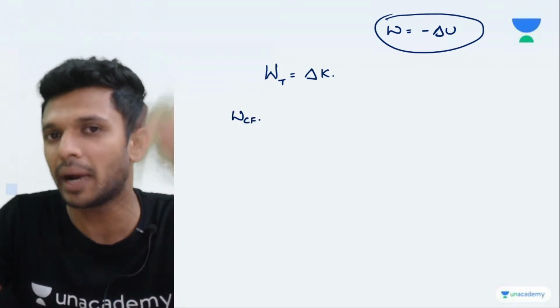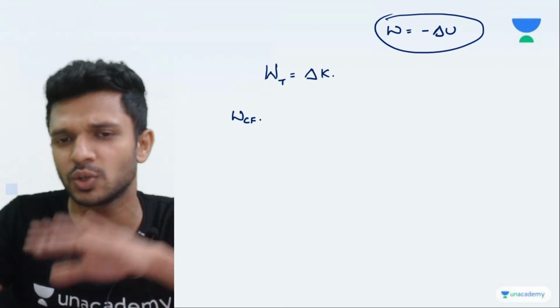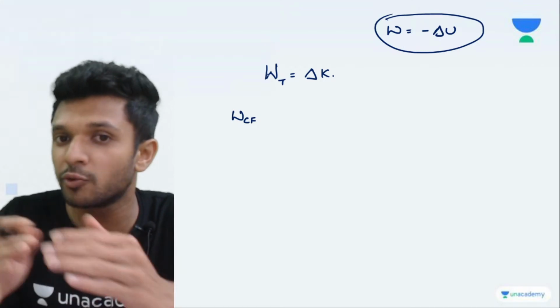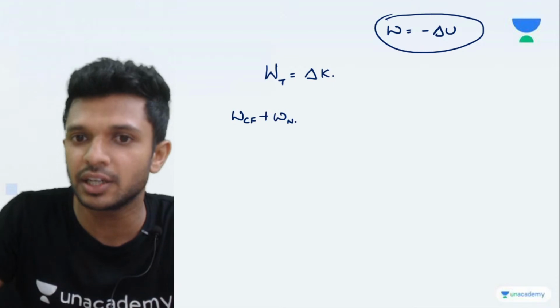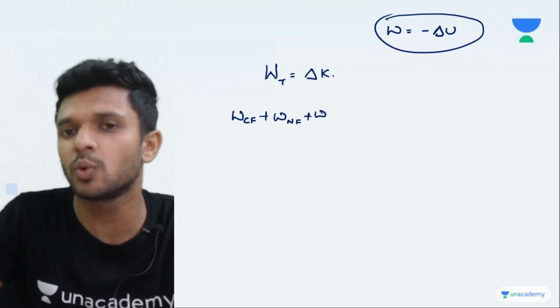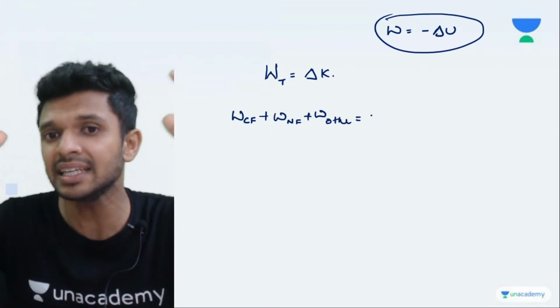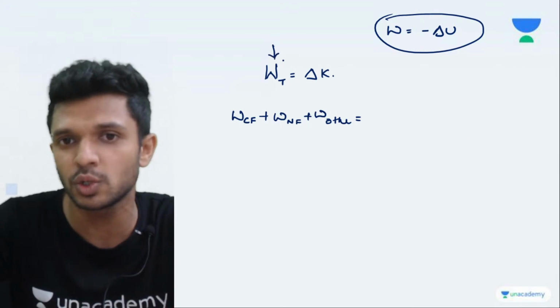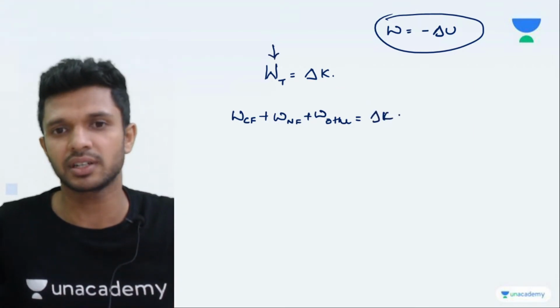Where the work done by the conservative force is independent of the path. Remember? I think so. So work done by the total force includes work done by the conservative forces plus work done by non-conservative forces, right? It can also include work done by other forces. So the sum of all this work is what we call the total work done, and this is equal to the change in kinetic energy, what we have learned. What is it?